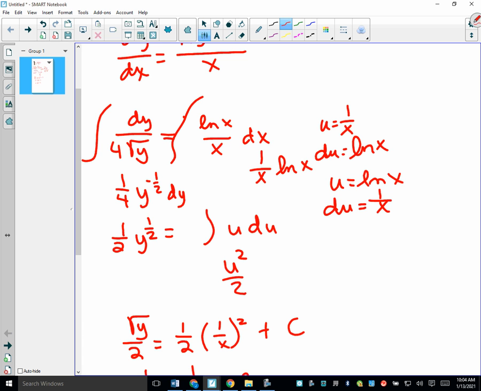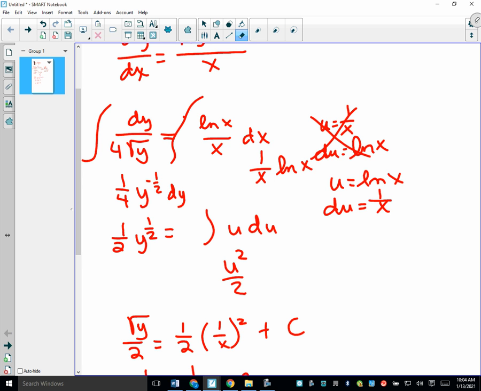It's the derivative of ln of x, which is 1 over x. I think the first one isn't right either. Okay, so just run it back.